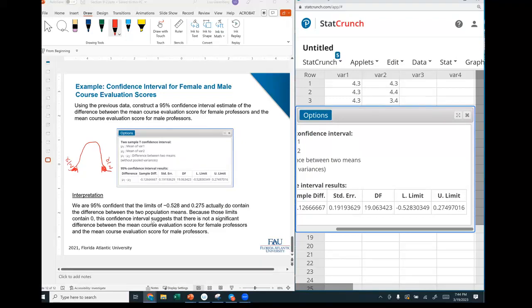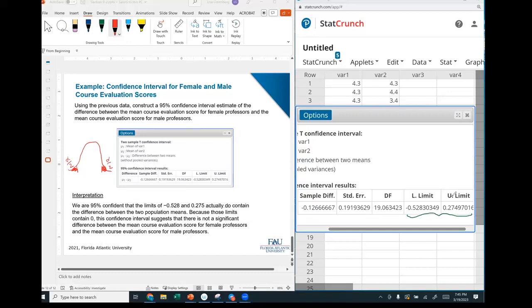Because those limits contain 0. If I look at what's between these two values, I can see that one's negative and one's positive. So that's my lower limit and my upper limit. Between those two, 0 exists.